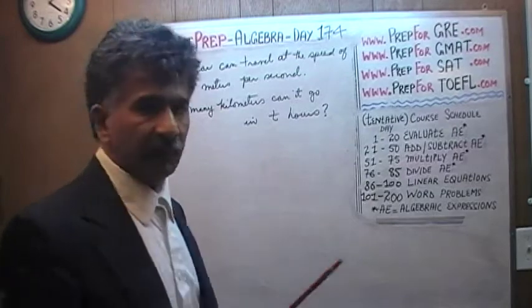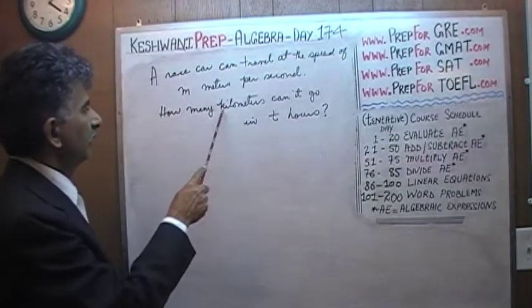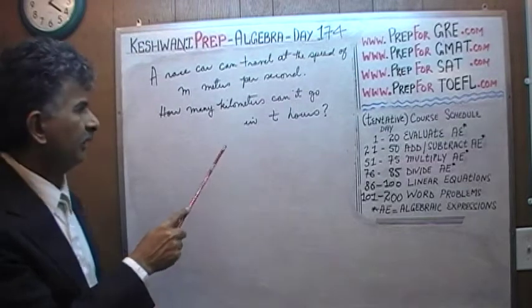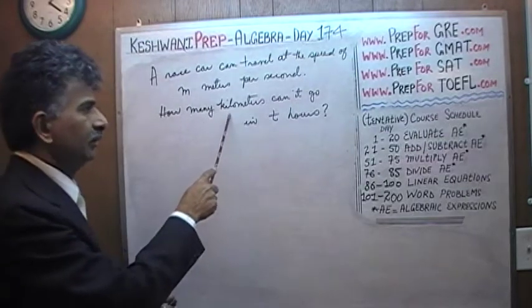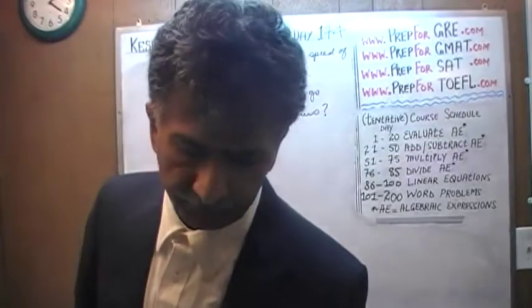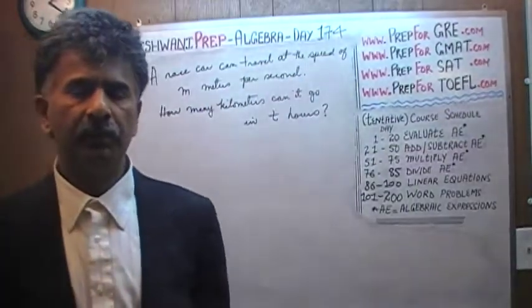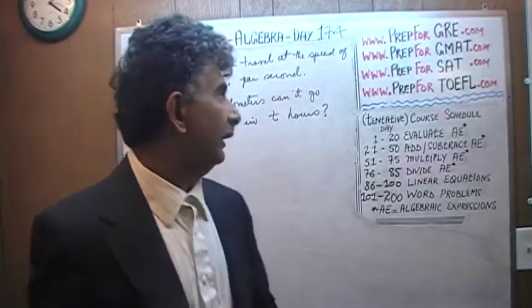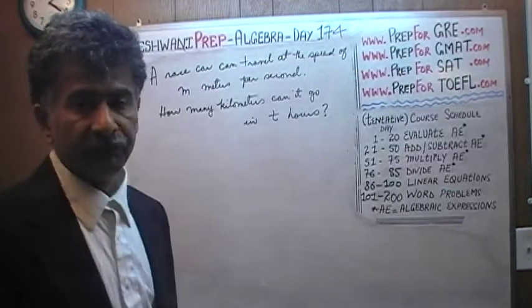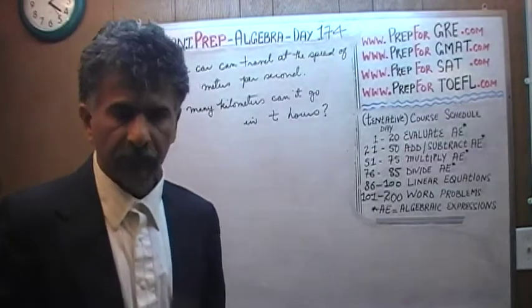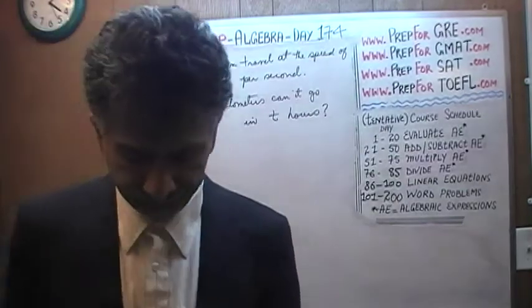The question simply is, how many kilometers can it go in t number of hours? So if you were to travel for t hours, how many kilometers will we end up traveling if we are going at the speed of m meters per second? Pause the video, solve it yourself, and once you have the answer, you can resume it, okay?